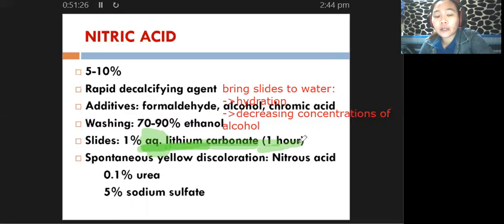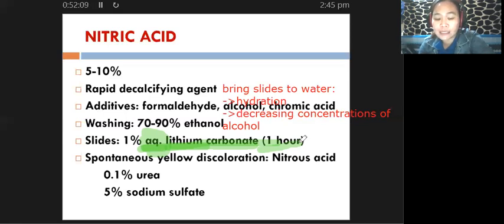This yellow discoloration is due to the presence of nitrous acid. Your nitric acid can undergo conversion to nitrous acid, and you would be able to know this if there is a yellow discoloration.